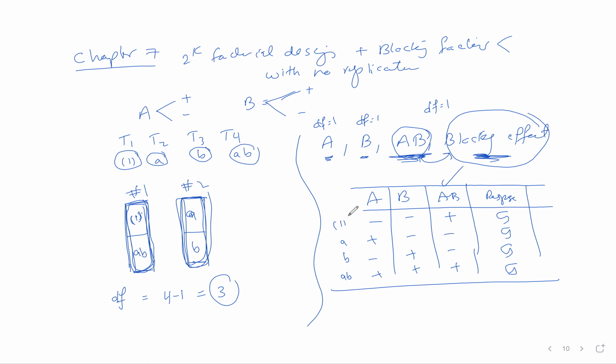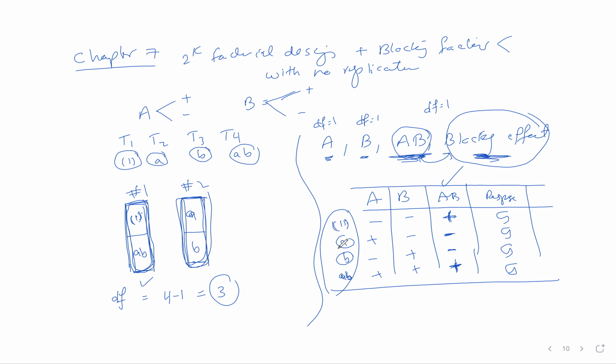Select the treatments that have pluses in this column to assign to the first block. So I look, this one is plus and this one is plus. So I select these 2 in the first block and I select these 2 in the second block. This way will make the blocking effect confounded with the AB effect.